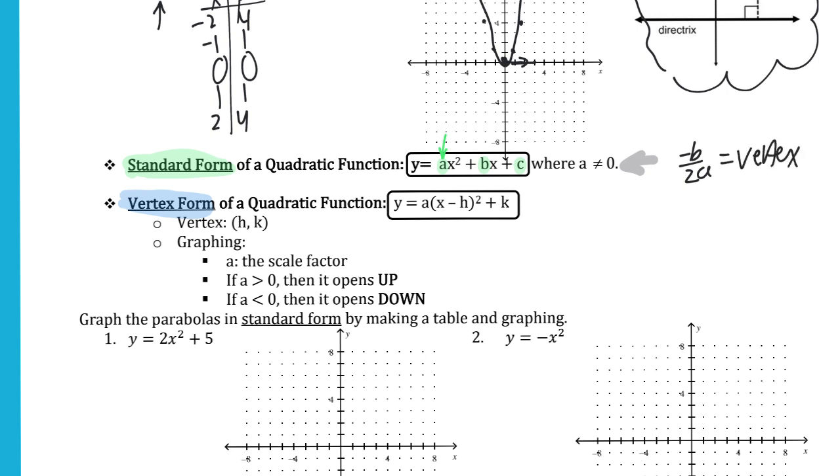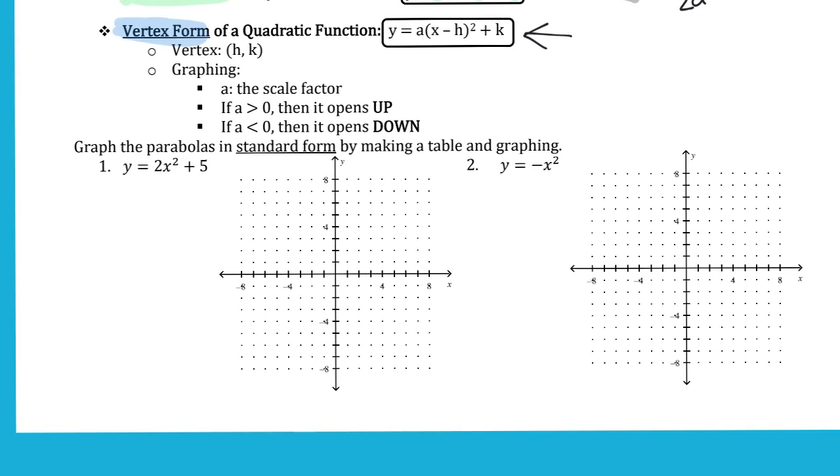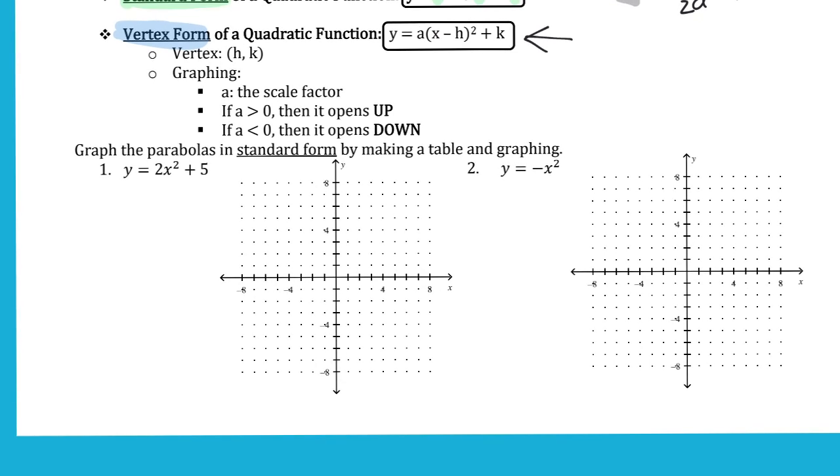We're going to apply that today, remembering how you graphed parabolas last year, and then draw it into vertex form because that's a nice thing to work with this year.